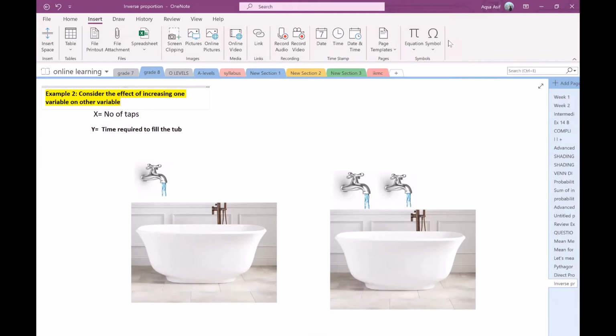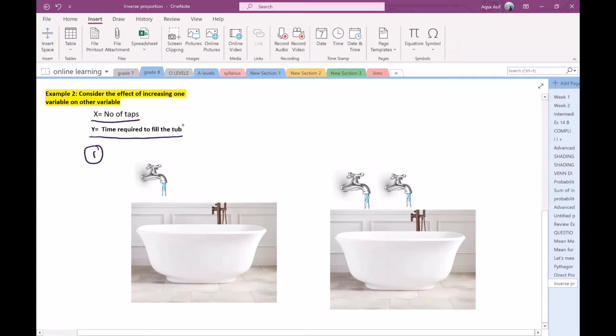Now let's consider another example. Consider the effect of increasing one variable on the other. In situation number 1, you can see that there is one water supply, one tap, and a tub needs to be filled. All right. So one variable is the number of taps, and let Y be the time required to fill the tub.